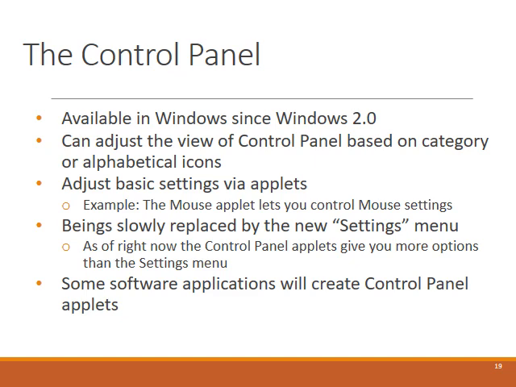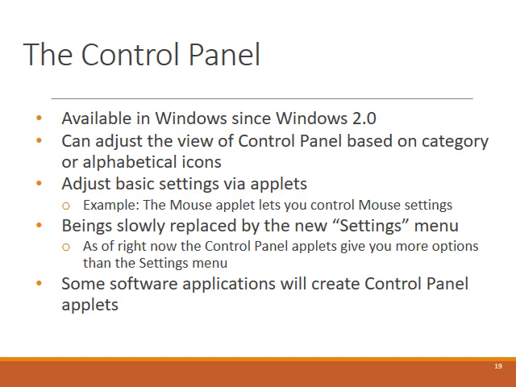You can adjust the view of the control panel based on category or alphabetical icons. Personally, I like the icons better. It's just better to see everything instead of having to guess what's in each category. You can adjust the basic settings via applets. For example, the mouse applet will allow you to control the mouse settings.